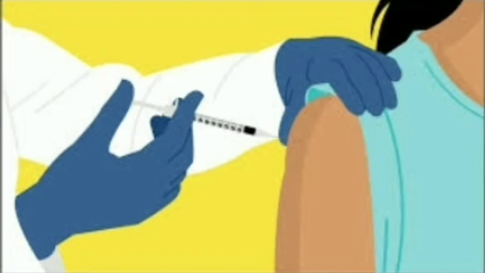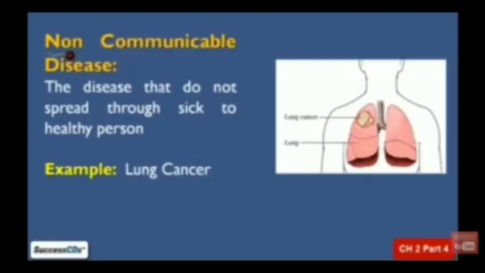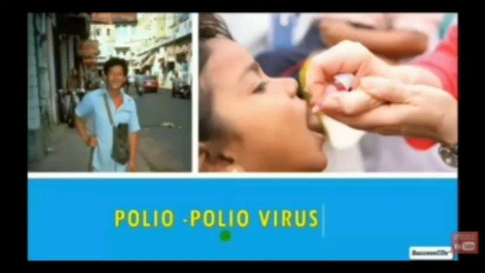These antibodies remain in the body and protect it from further infection. This way, the body develops immunity against the disease. This technique is referred to as vaccination or immunization. Vaccines often protect against diseases like tuberculosis, diphtheria, hepatitis, and polio.